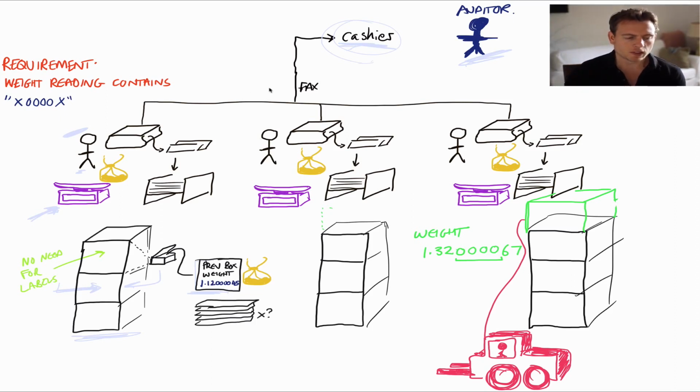So that's the goal: to keep a paper copy of every check that's been submitted via the cashier, in a way that none of the contents can be tampered with, and the checks can't be removed.